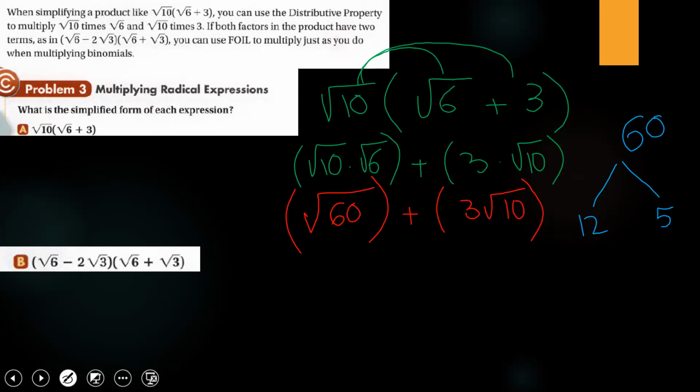So I need to simplify it. I will repeat: if I factorize the number and I see that its two factors are prime, then I cannot simplify it. But when I factorize it, if I see one of the numbers is not a prime, is a composite number, then I can simplify it. Did you understand?